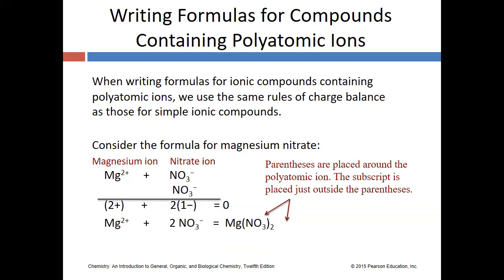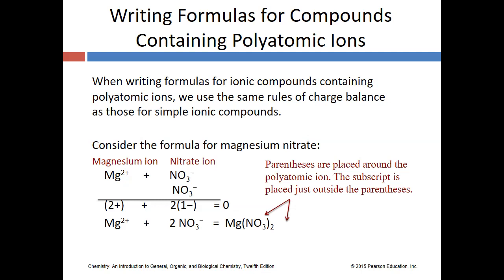The only other thing that we might see that is different is the use of parentheses. Because we are dealing with clusters of atoms now instead of just individual elements, we use parentheses to help designate that we have a polyatomic cluster as opposed to individual nitrogens or individual oxygens.